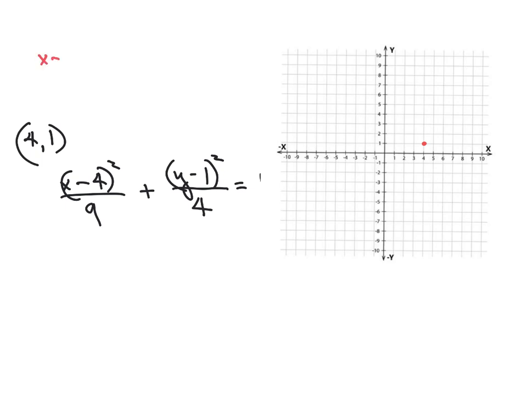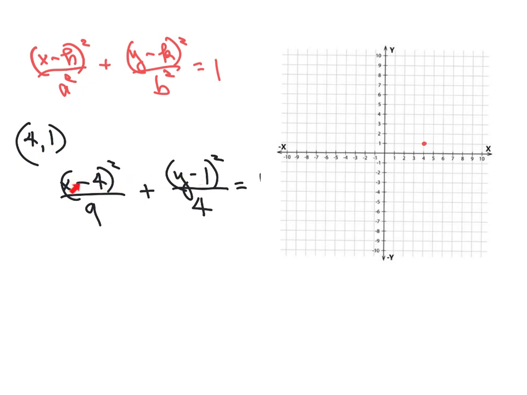It's going to be x minus h squared over a squared plus y minus k quantity squared over b squared equals 1. And the h and the k are the center of the ellipse. They're also the center of a circle. So whenever you see hk, that's the center. So hk was 4 and 1. So we put a 4 here and a 1 here.